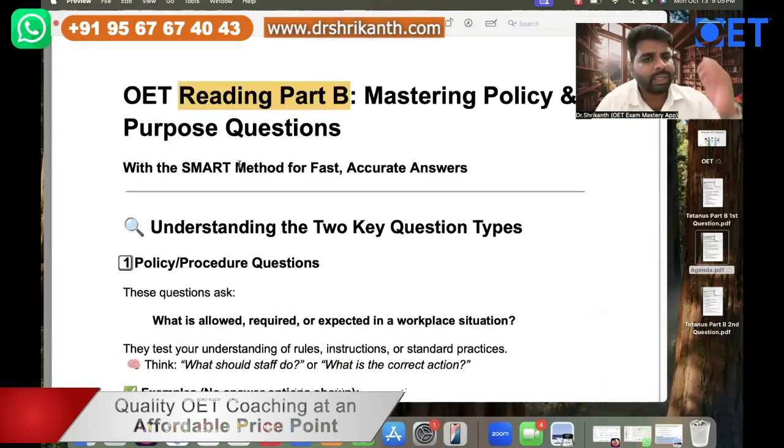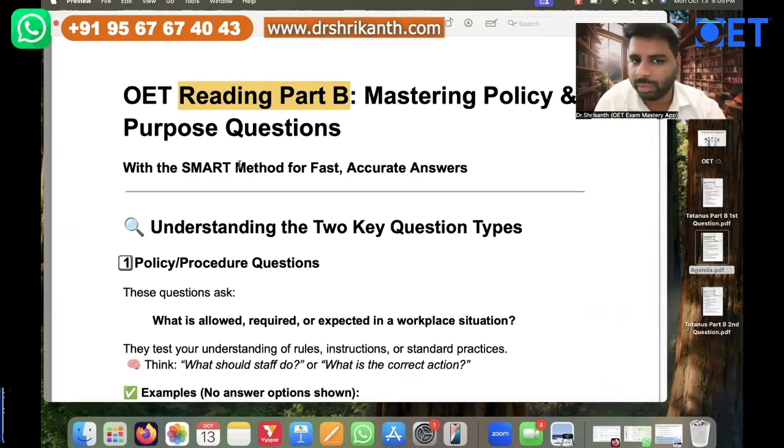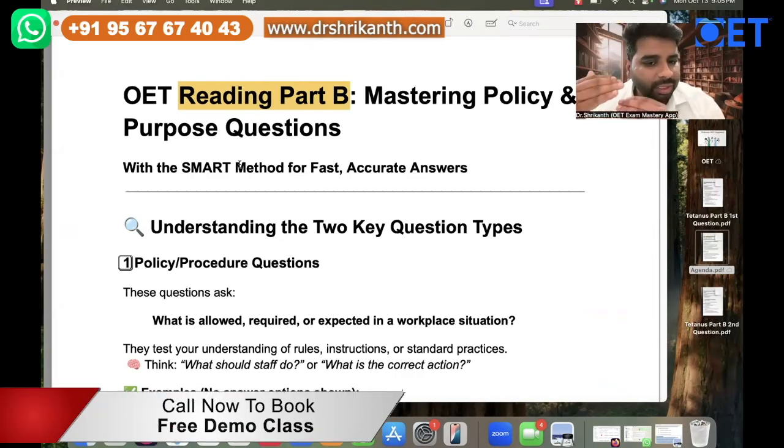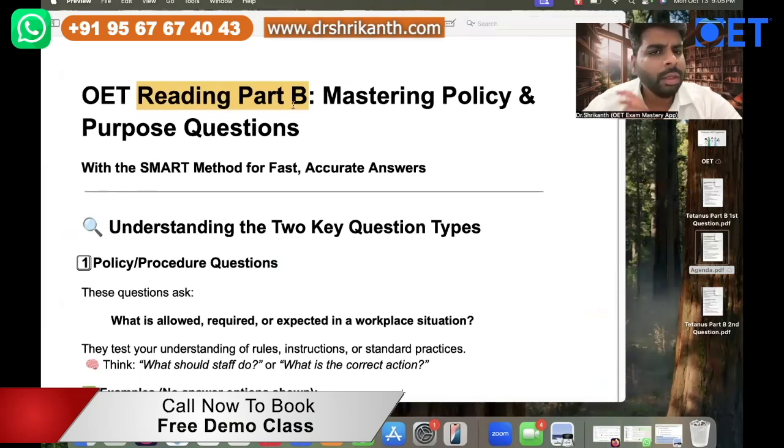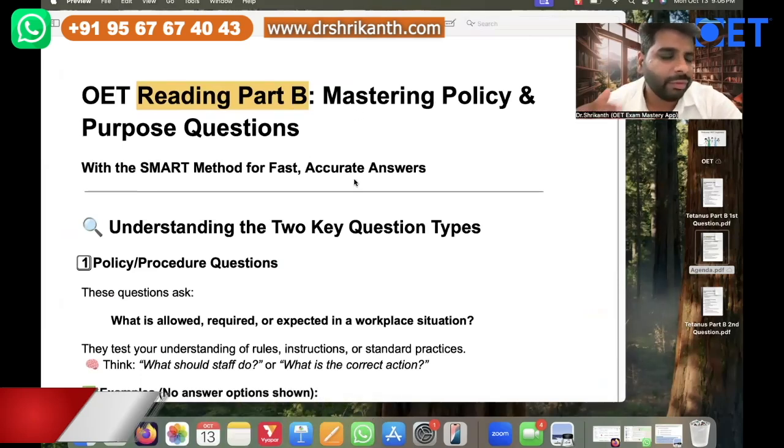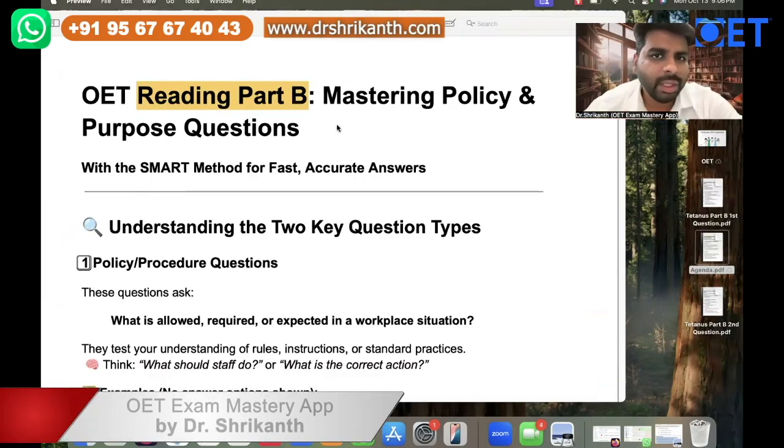We won't be diving into too much detail because we need to understand that OET is not only a language proficiency test, right? Maybe students usually believe OET is only about language, but no, OET has so many layers and we really need to understand what those layers are. So in today's class, we'll be discussing workplace related questions coming from OET Reading Part B. And we'll be discussing two types of questions, right?